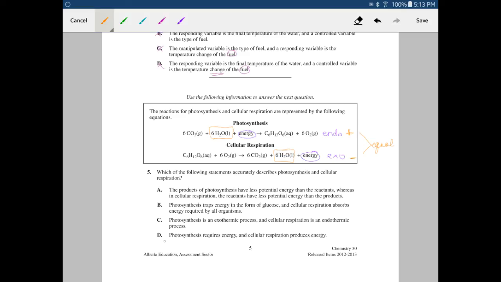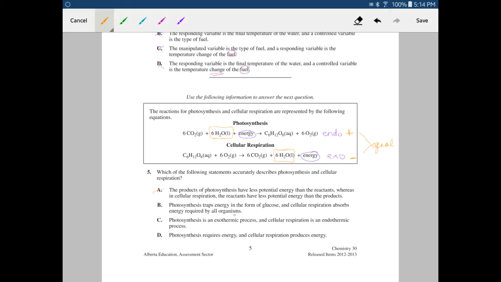In this question, I would say that when it says the products of photosynthesis have less potential energy than the reactants, whereas in cellular respiration, the reactants have less potential energy than the products. In cellular respiration, we actually expect the reactants have more potential energy than the products because we have an exothermic reaction. So A doesn't quite make sense.